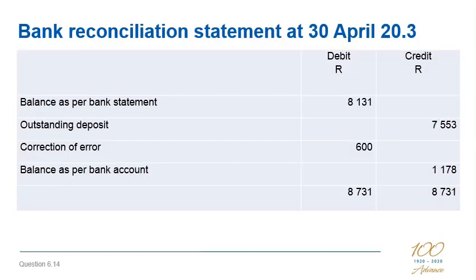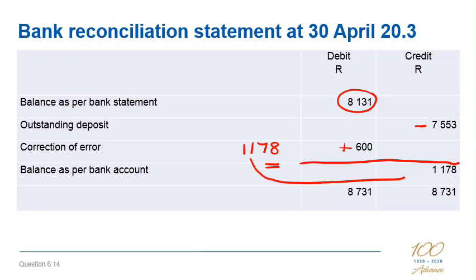In the bank reconciliation statement, we started off with their balance as per bank statement. This balance adjusted for the outstanding deposit, adjusted for the 600 correction of error, will give me on the debit side up to this point, a debit balance in the bank statement of 1178, and that debit balance of 1178 will mirror the balance as per bank account, because remember, bank reconciliation is from the bank's point of view.